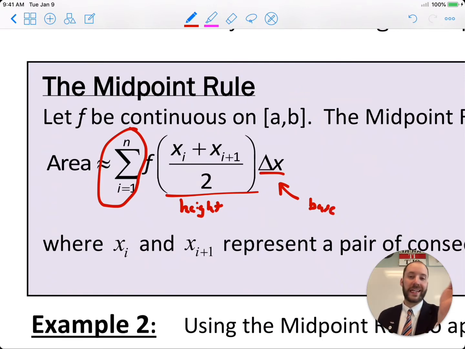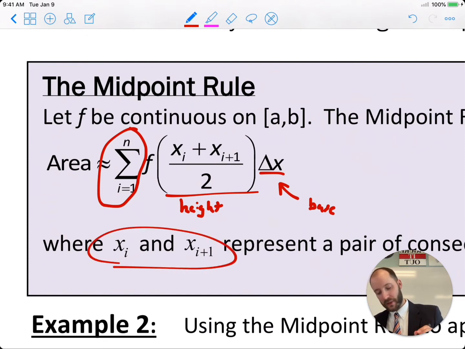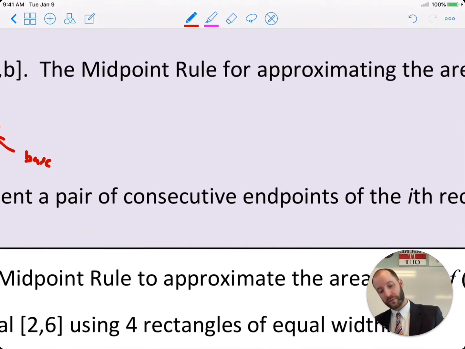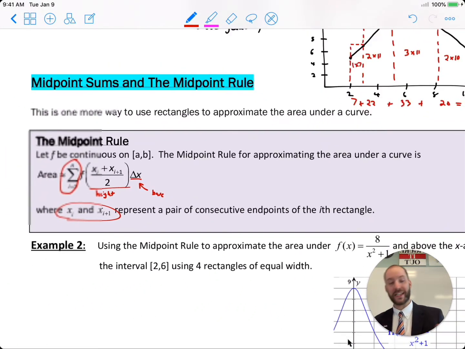So for all the rectangles, base times height, then add them all up with the summation, however many rectangles you have. x sub i and x sub i plus 1 are consecutive endpoints of the ith rectangle. So you're using consecutive endpoints.